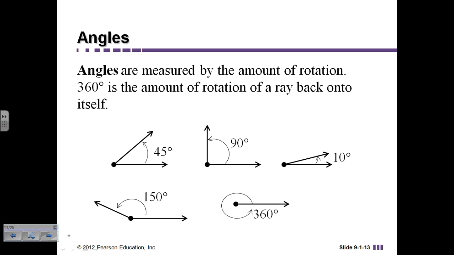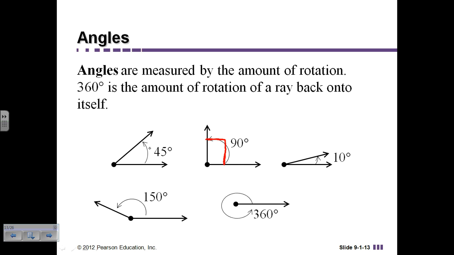Okay, so we have different ways of measuring angles. We measure angles by looking at how much they've rotated, the amount of rotation that we have there. So the first angle that you see here has about a 45-degree angle. This one's a fairly easy one. When you look at a 90-degree angle, think about the edge of a piece of paper or the edge of a building.